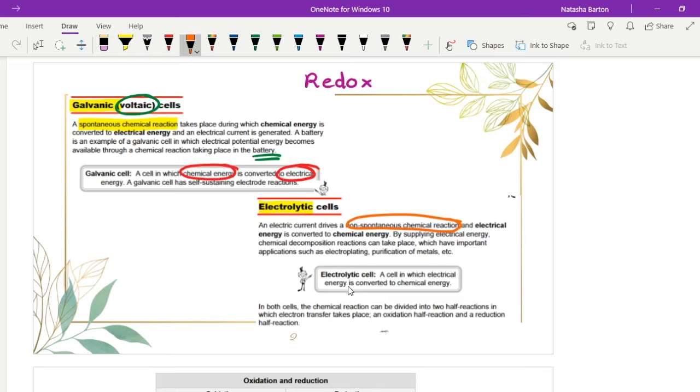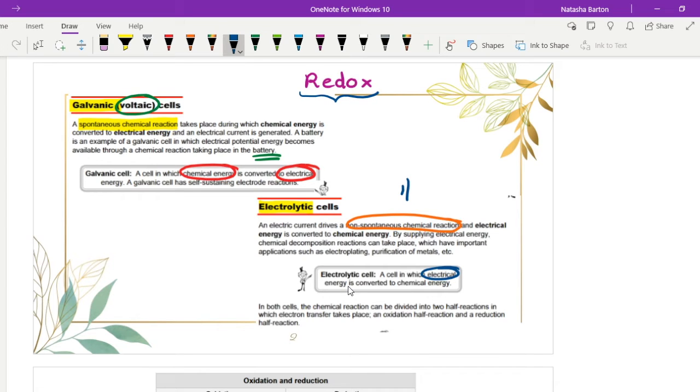We need to force the reaction to take place. And the way that we do so is by providing electrical energy. So we provide a battery, some source of electrical power that will force a redox reaction to take place.